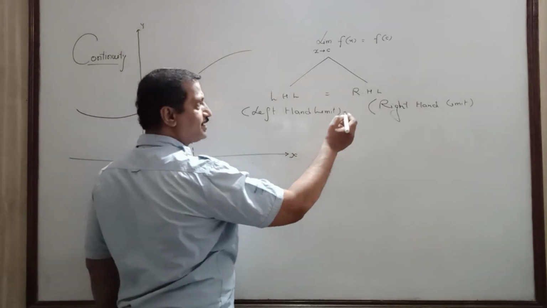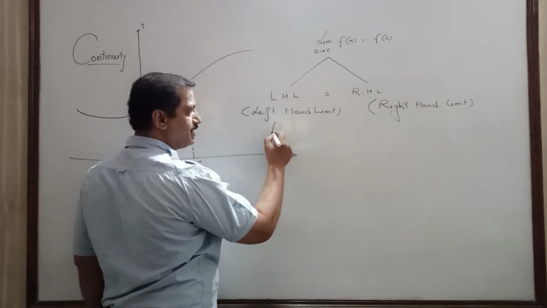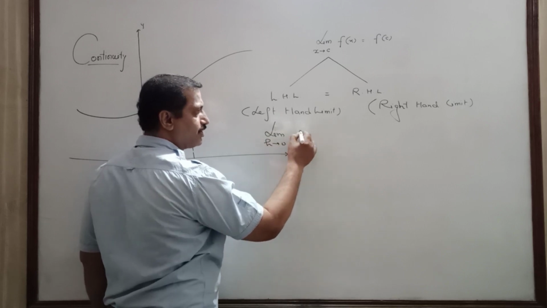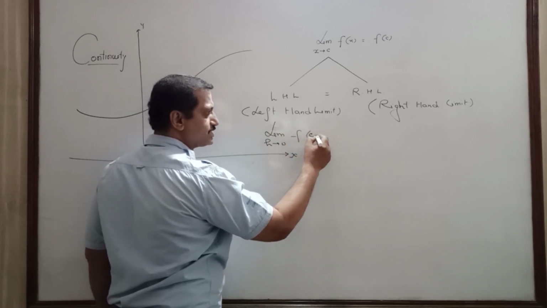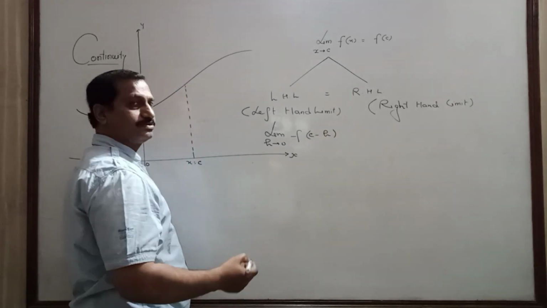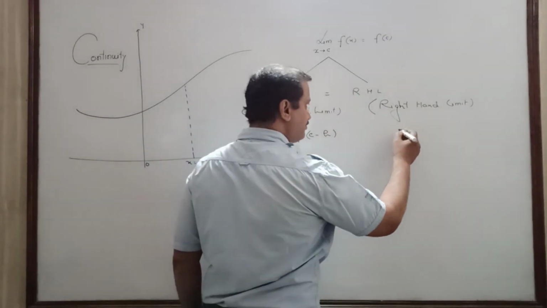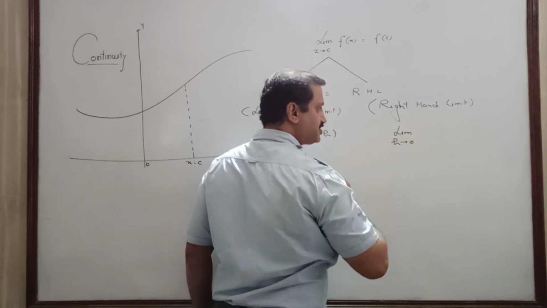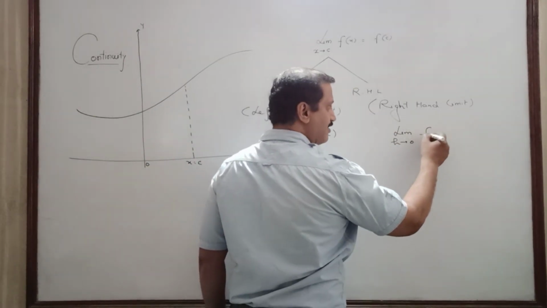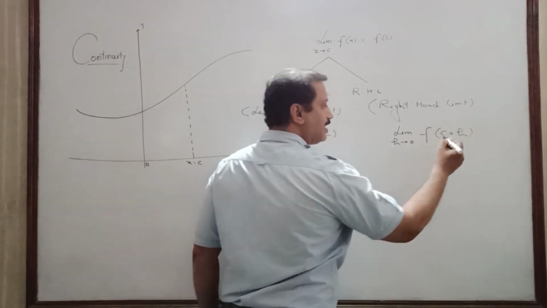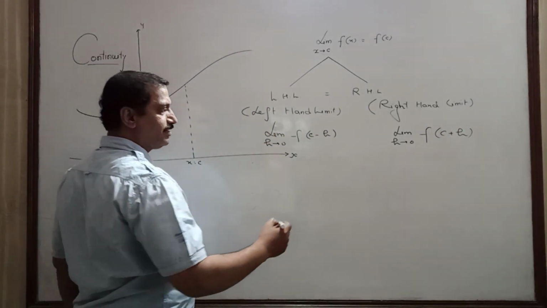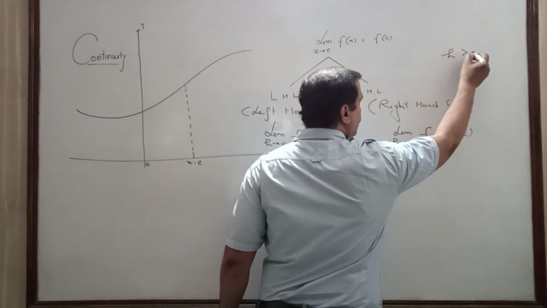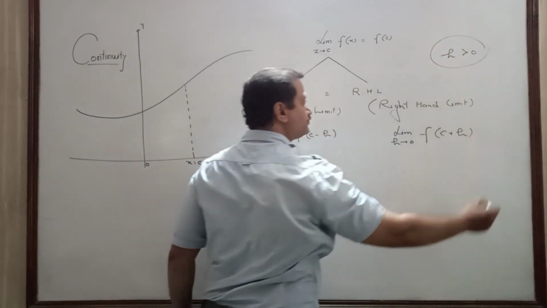Left hand limit and right hand limit are mathematically represented by limit h tending to 0 f(c minus h), and right hand limit is represented by limit h tending to 0 f(c plus h), where h is a very small positive quantity.